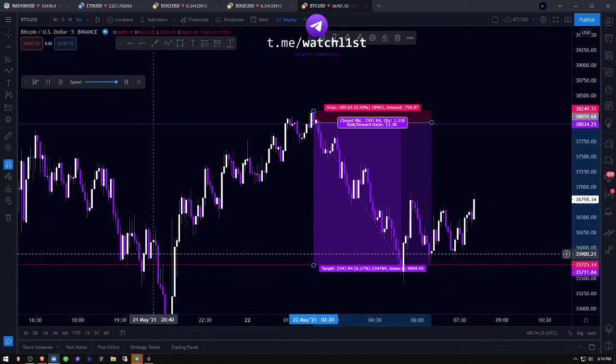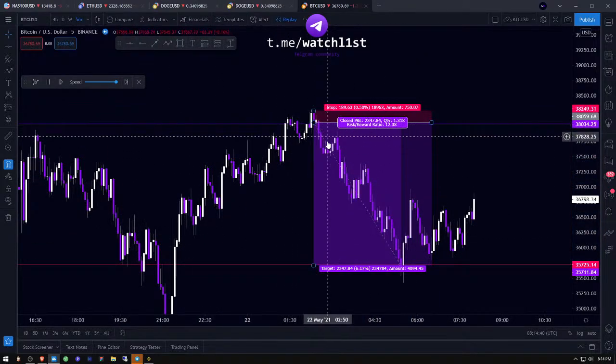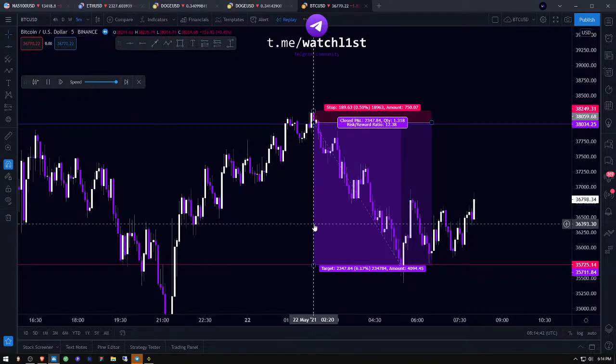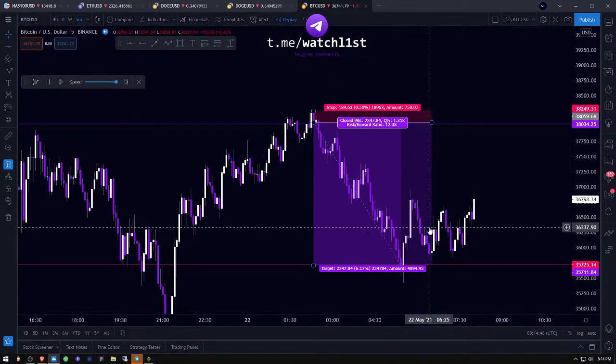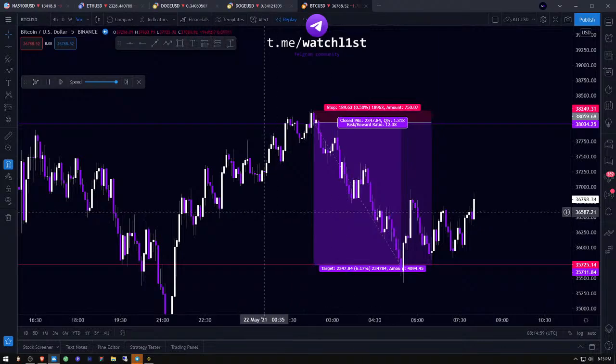So you know each of these candles is 5 minutes. How many hours and minutes is that? From 2:20 to 5:30, so 3 hours, 10 minutes. Not bad for 3 hours' work.